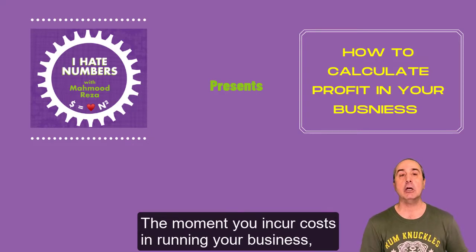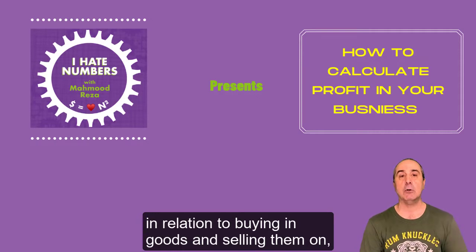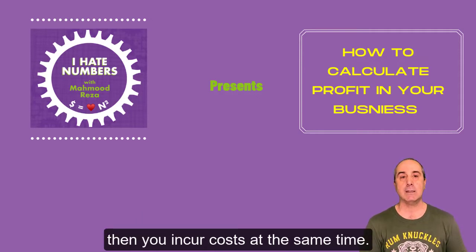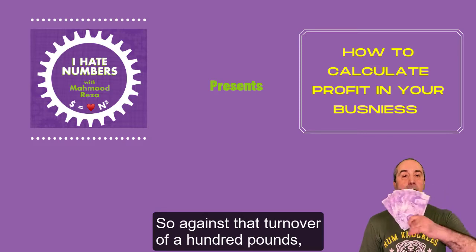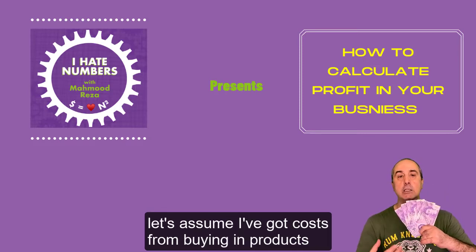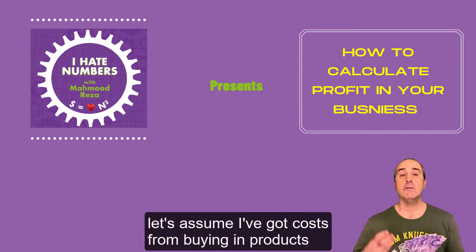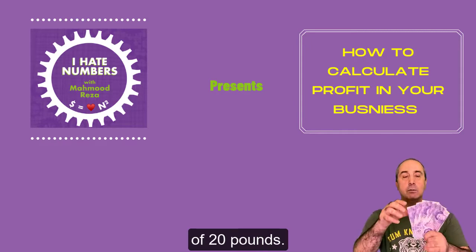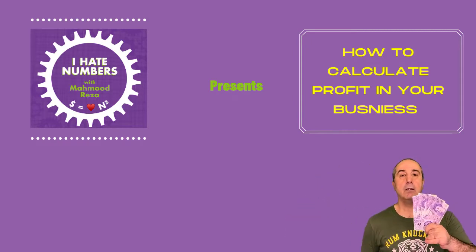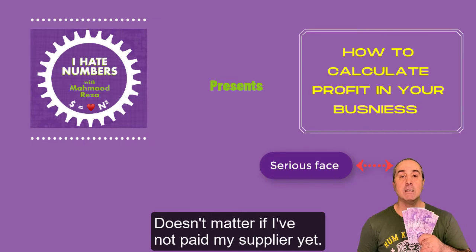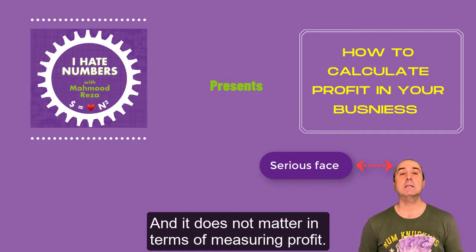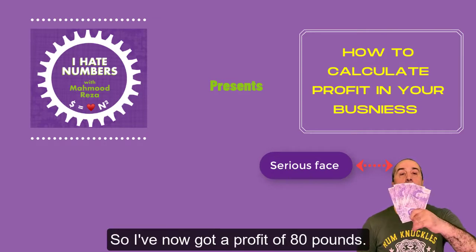The moment you incur costs in running your business in relation to buying in goods and selling them on, you incur costs at the same time. So against that turnover of £100, let's assume I've got costs from buying in products of £20. Doesn't matter if I've not paid my supplier yet, and it does not matter in terms of measuring profit. So I've now got a profit of £80.